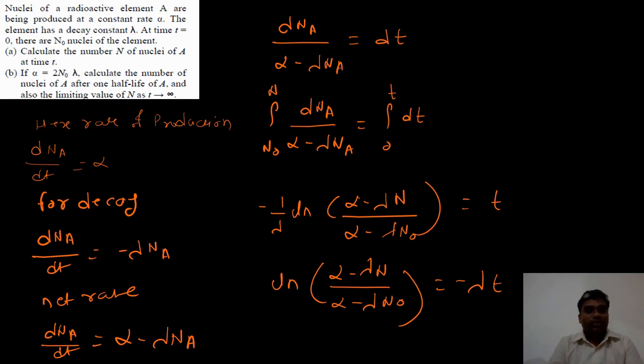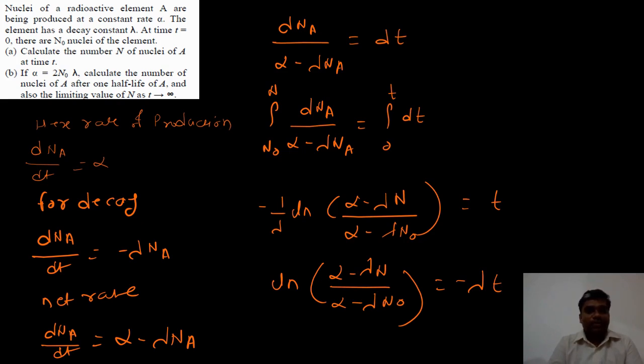At the time t equal to 0, there are N naught nuclei of the element. So first, calculate the number N of nuclei of A at time t.